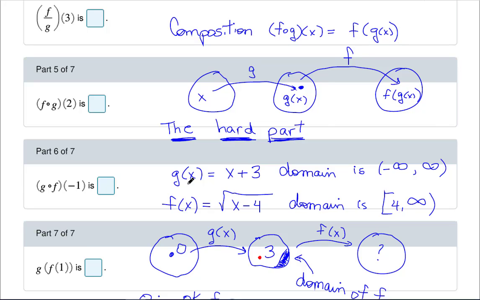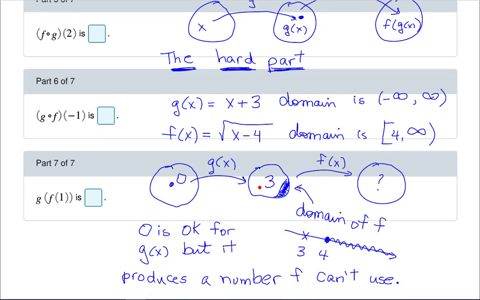Well, here's the hard part. Suppose g of x is x plus 3. Its domain is everything. f of x is the square root of x minus 4. So its domain is 4 and above. Where things get tricky is the following. Suppose I wanted to put 0 into g.